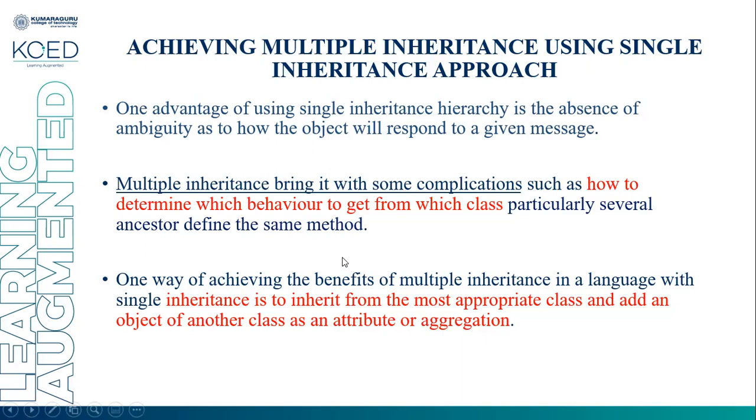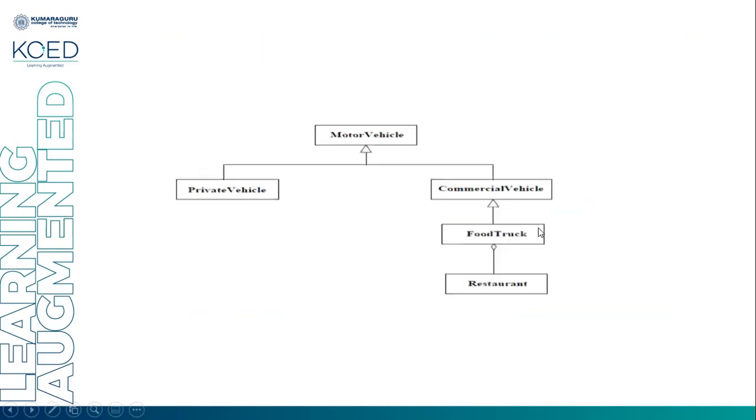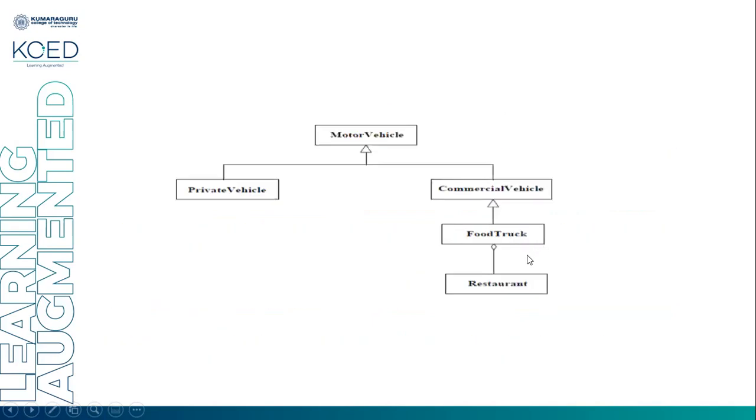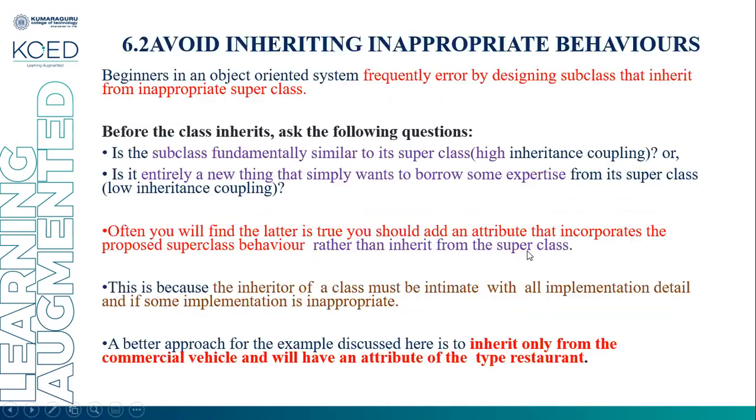So if you have two ancestors, you inherit from the most significant ancestor and make the others an attribute of the class, or an aggregation, a part-of relationship. See this example here: the food truck has only one immediate ancestor, commercial vehicle, and restaurant is made a part of the food truck. So this is the solution for the multiple inheritance problem.